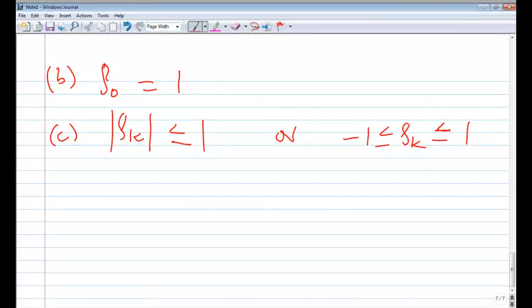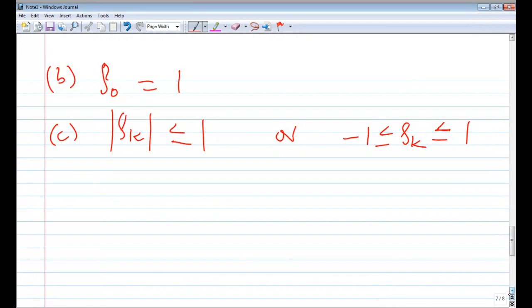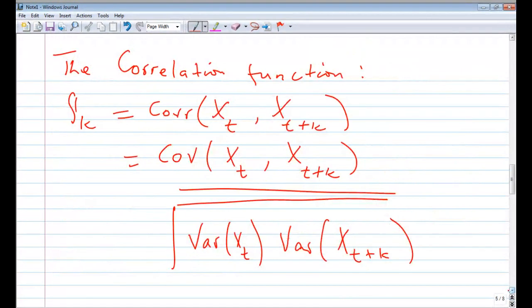Now, let me go back to the autocorrelation functions and stationary process and show you something. You see here the autocorrelation function formula, which is equal to the cov of xt, xt plus k divided by the square root of var of xt times var of xt plus k.